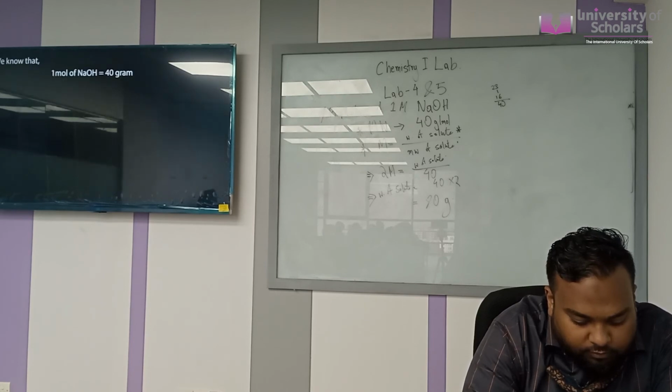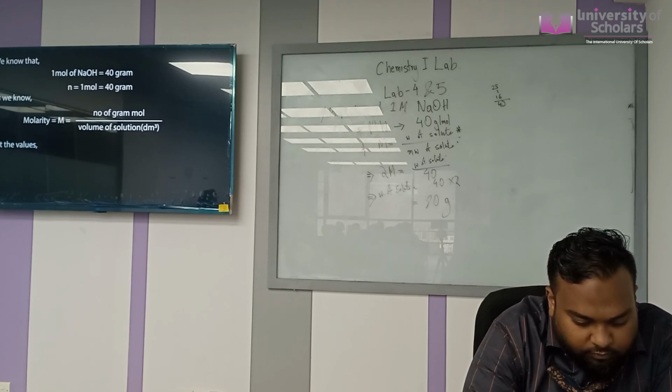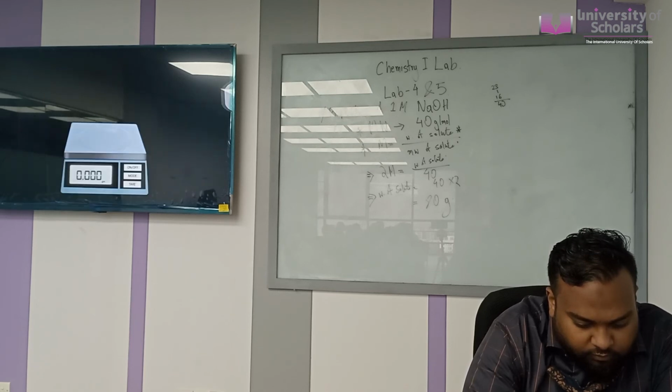We know that 1 mole of NaOH contains 40 grams, so the formula of molarity is number of gram moles divided by volume of solution in dm cube. And we also know that 1 dm cube is equal to 1000 milliliters. By putting our values as 40 grams of NaOH divided by volume as 1000 milliliters, we get our molarity from the formula.